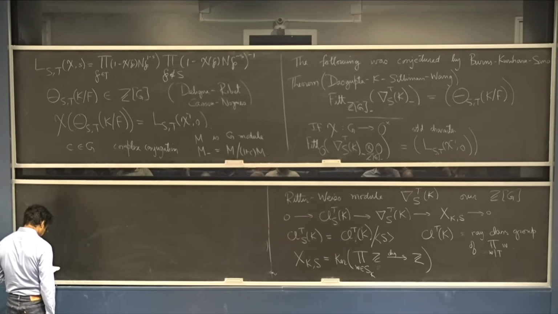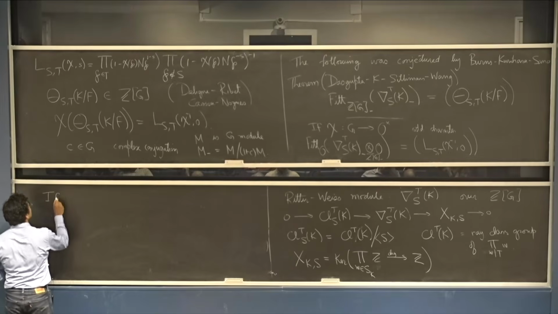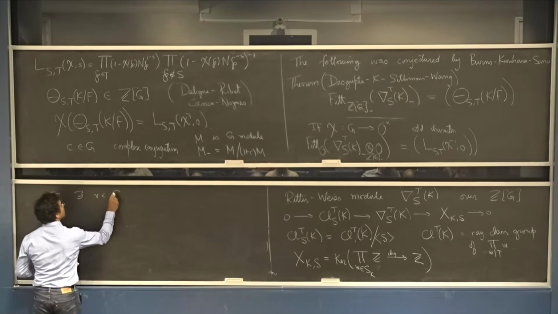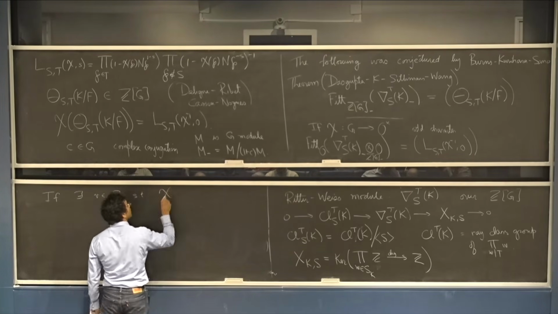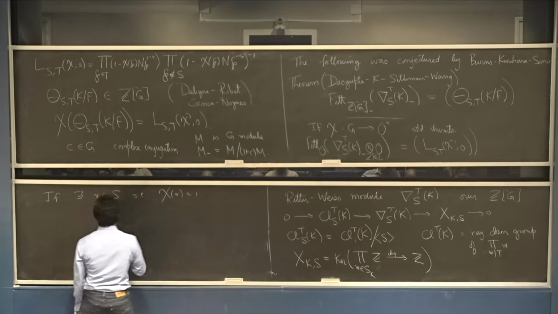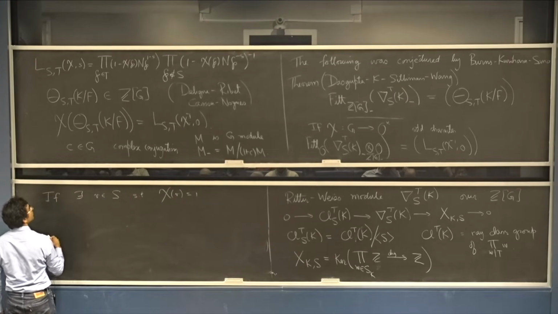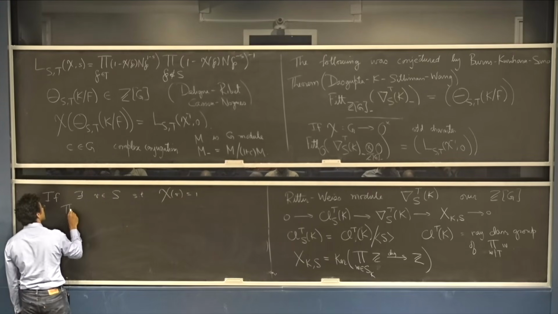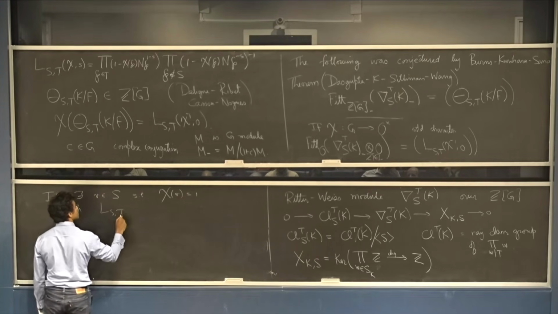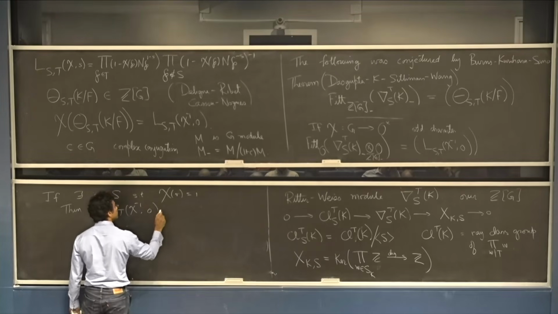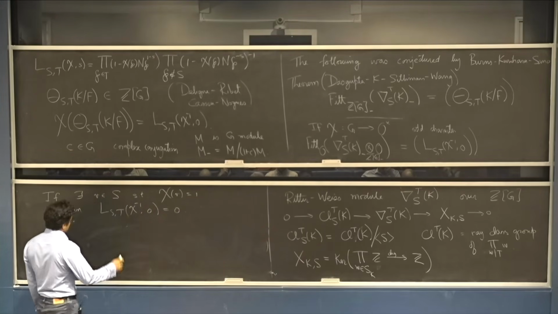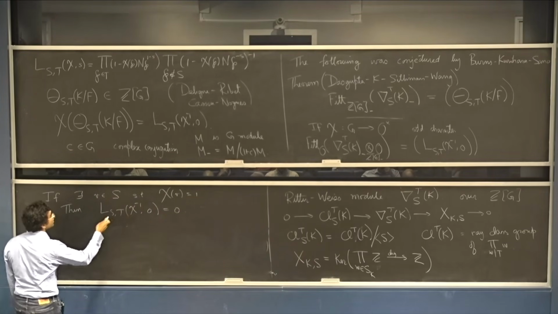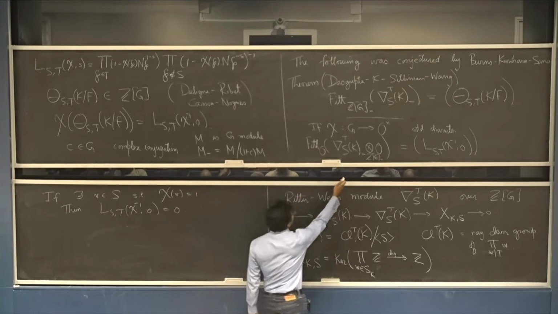Okay, so if there exists v in S such that chi of v is 1, then because you're removing Euler factors at S, it's well known that this thing would be 0, and on the other side, this Fitting ideal is also 0.